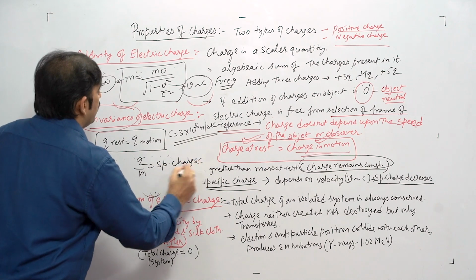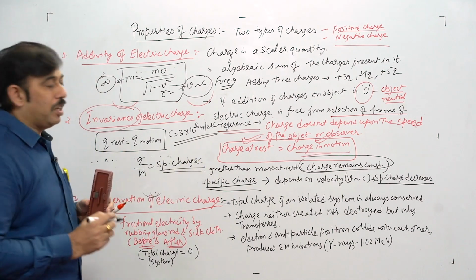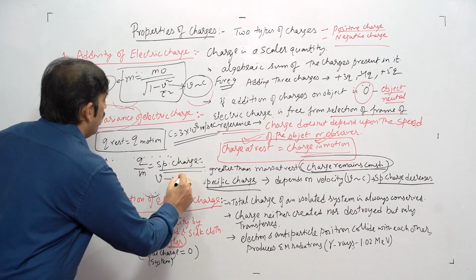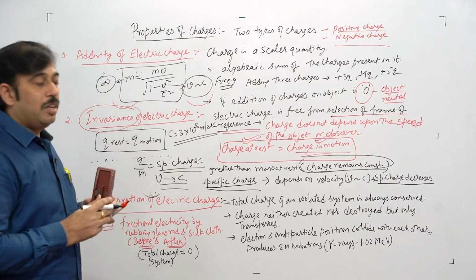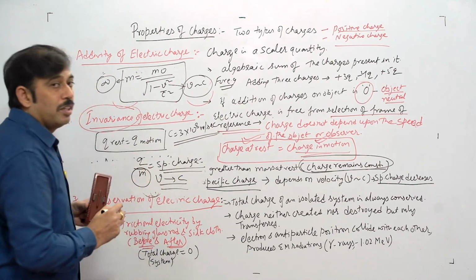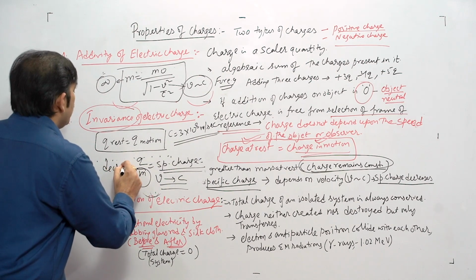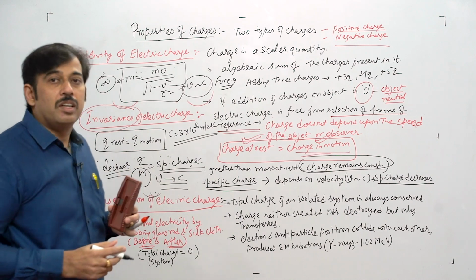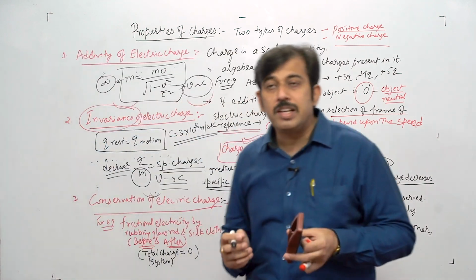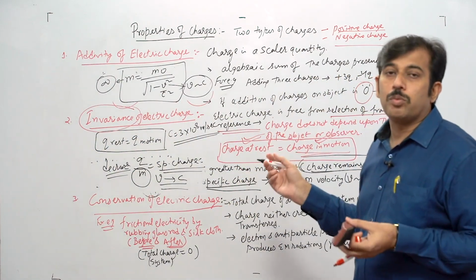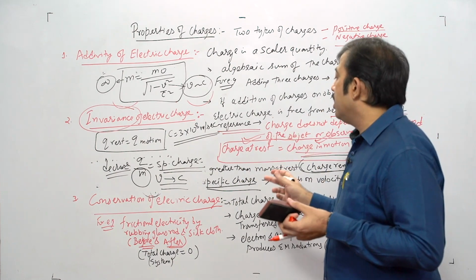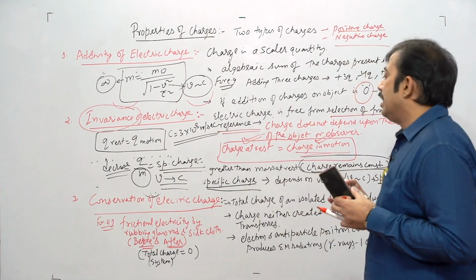If I increase the velocity to near the velocity of light, the mass will increase, and the moment the mass increases, this ratio will decrease. That means the specific charge will always decrease when the velocity approaches the velocity of light.